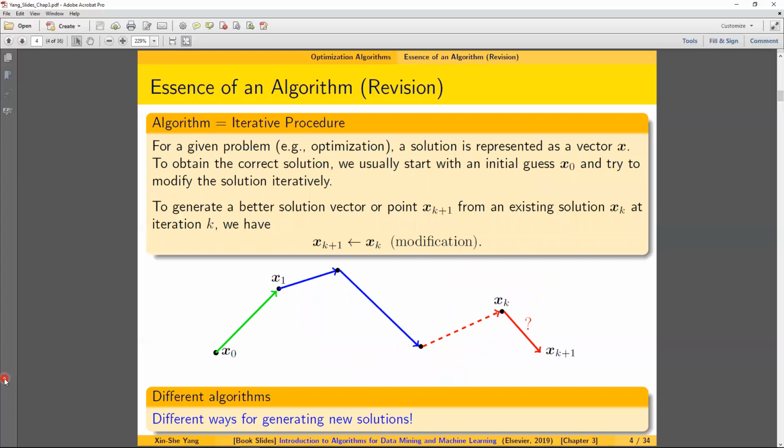We discussed this in Chapter 1, the essence of algorithm. It is really whether we are able to come up with a better solution vector or point x_{k+1} that can be used to modify or replace our original solution x_k. Different algorithms essentially are different ways to generate new solutions.